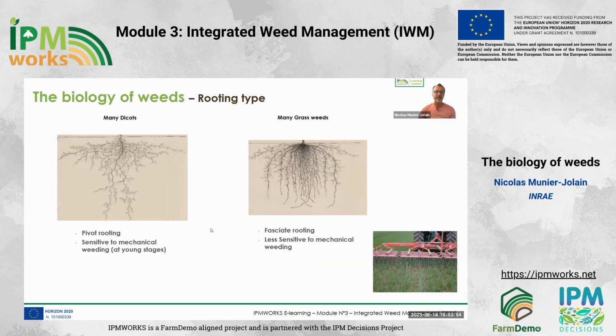Finally, rooting type is something which is important because it is related to the sensitivity of weeds to mechanical weeding. You have different types of rooting, of course. Pivot rooting, which is presented here, is the case for many dicot plants. Those pivot rooting plants are very often more sensitive to mechanical weeding, at least at young stages, because at later stages no weed plant is sensitive anymore to this kind of mechanical weeding with springtime harrows.